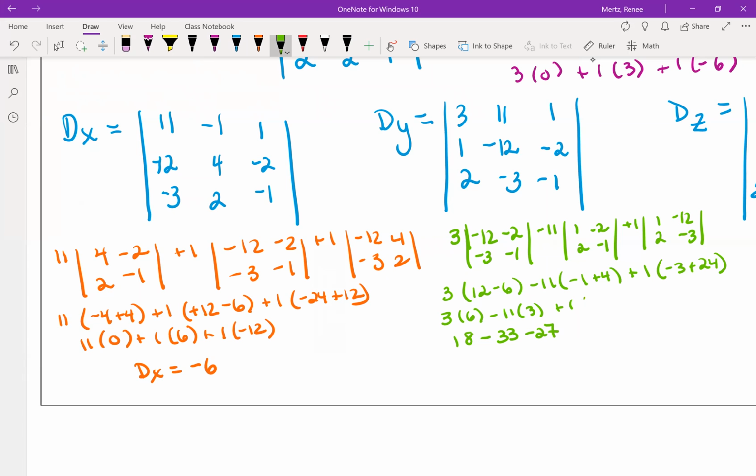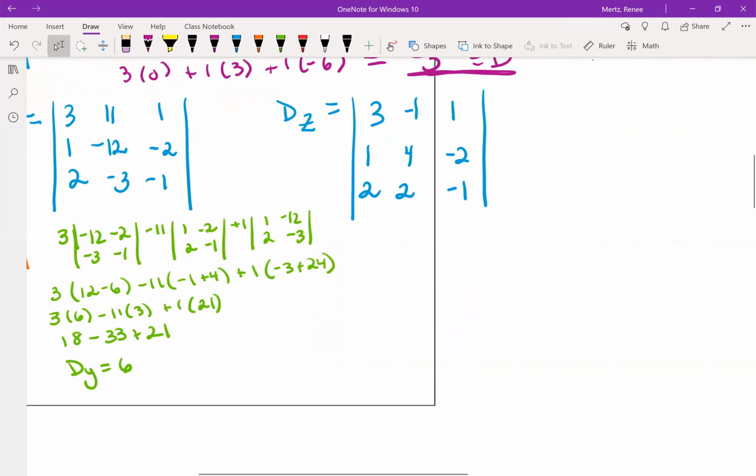I do like working on the surface for this reason. It's easier to fix mistakes. All right, so let's check that math. 18 minus 33 plus 21. I like that. So D of y equals 6.